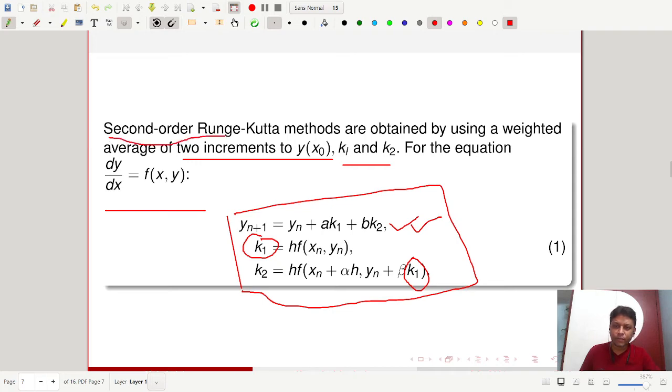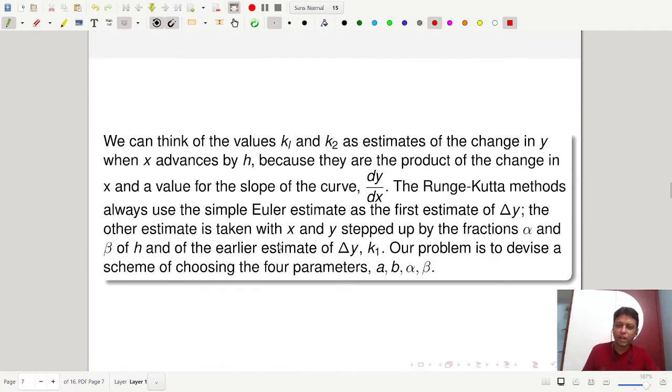Now some derivations from the second order Runge-Kutta method. We can think of the values k1, k2 as estimates of the change in y when x advances by h, because they are the product of the change in x and a value for the slope of the curve dy/dx.